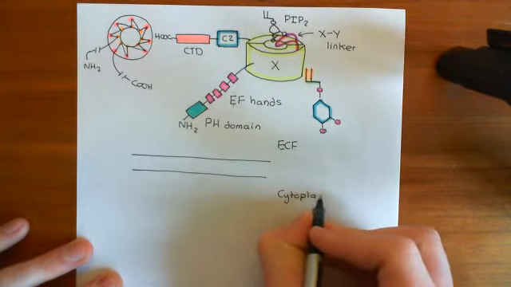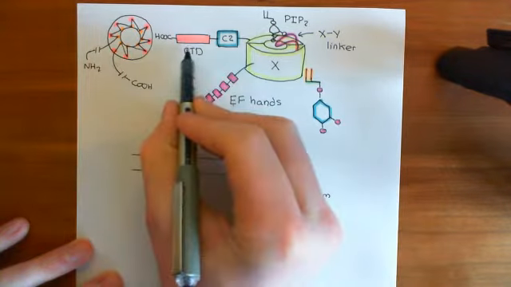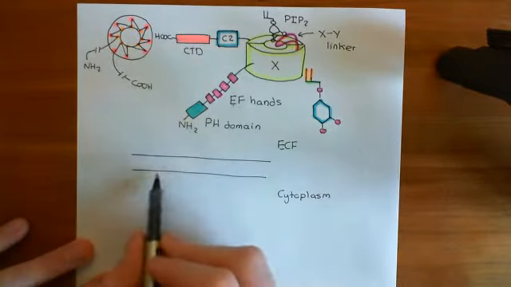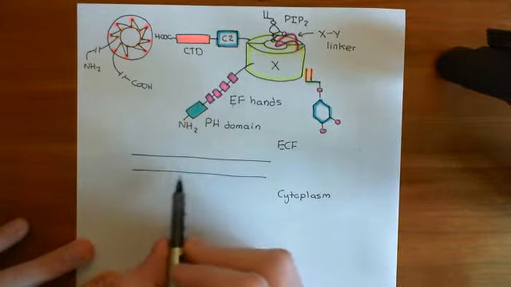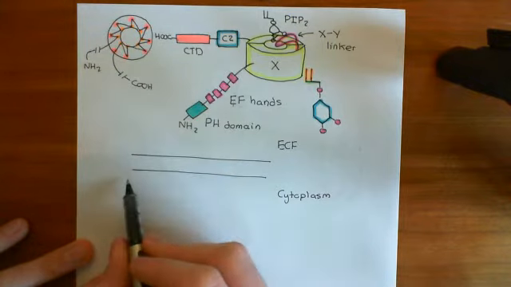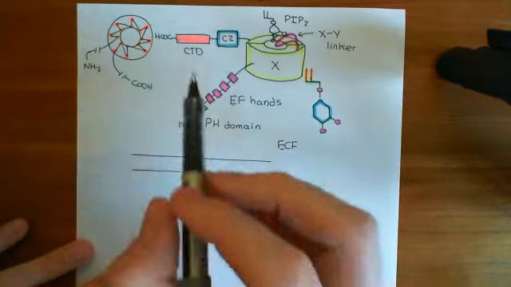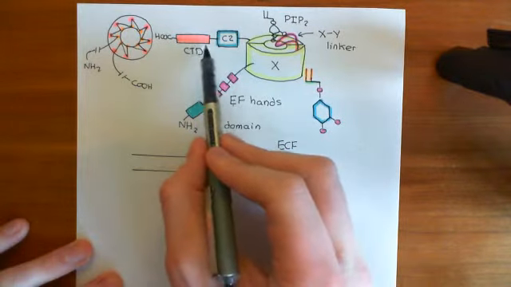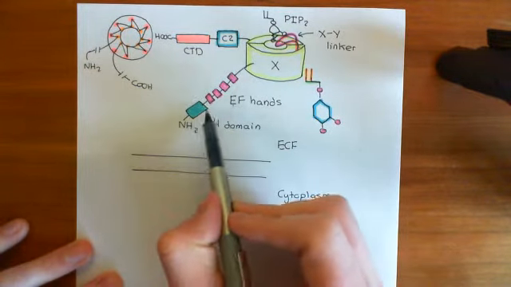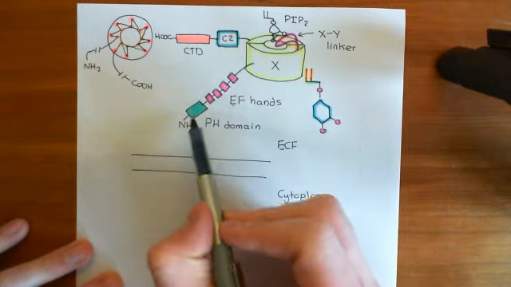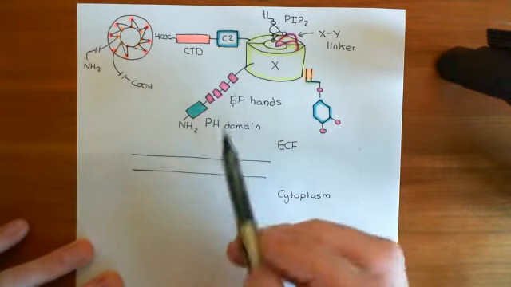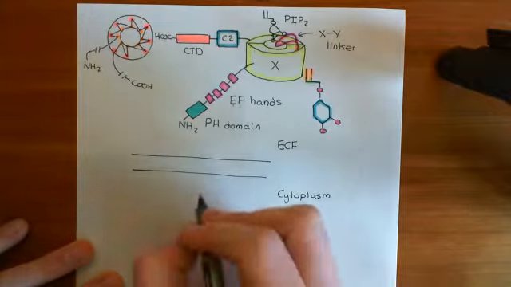Okay, and what's going to happen is the C-terminal domain and the pleckstrin homology domain bind to the inner leaflet of the phospholipid bilayer in ways that still aren't fully understood. But what we do know is that the C-terminal domain is far more important for this than the pleckstrin homology domain. And what happens is you continually have an equilibrium.